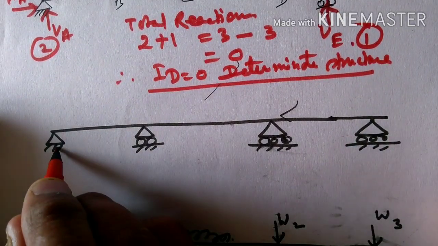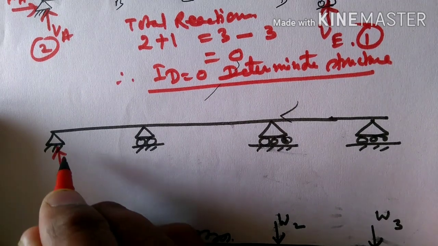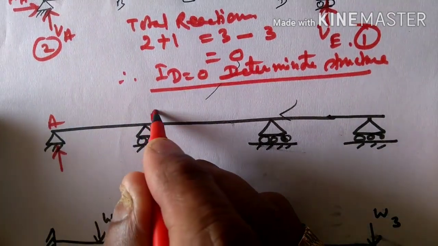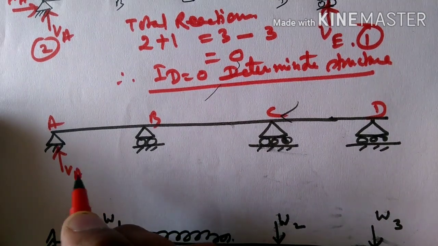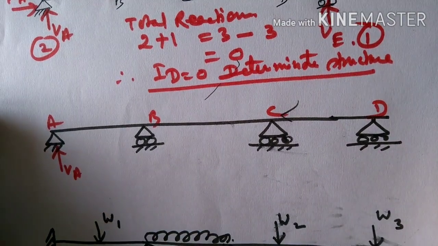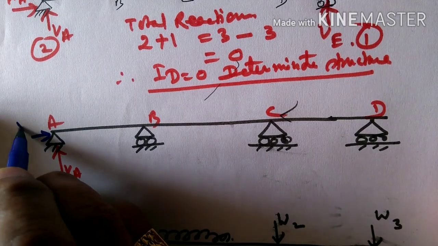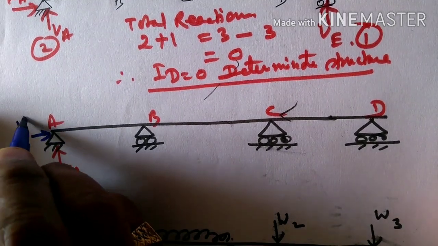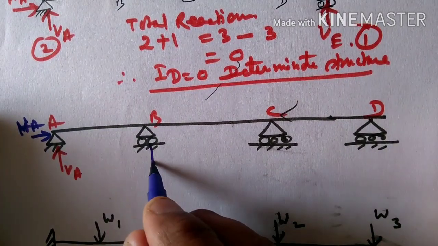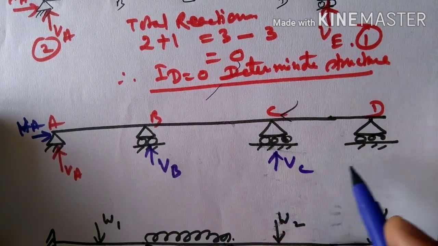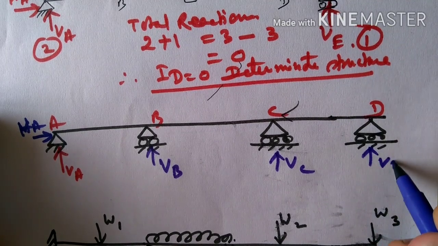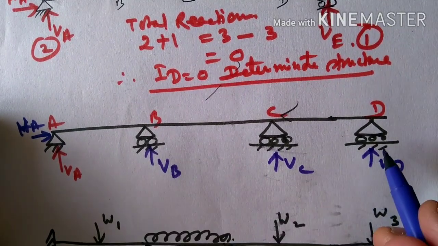Due to hinge support, there will be two reactions. I am marking A, B, C, and D. So here is VA, and again horizontal reaction HA, and here is VB, here is VC, and this is VD. Roller support generates only one reaction.